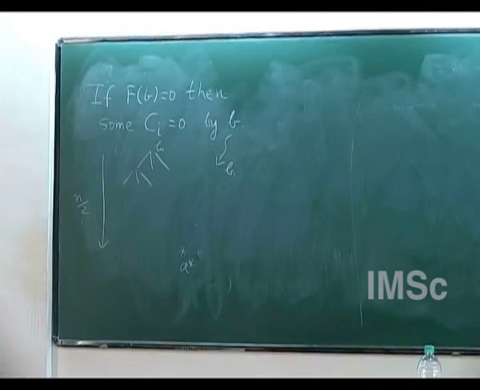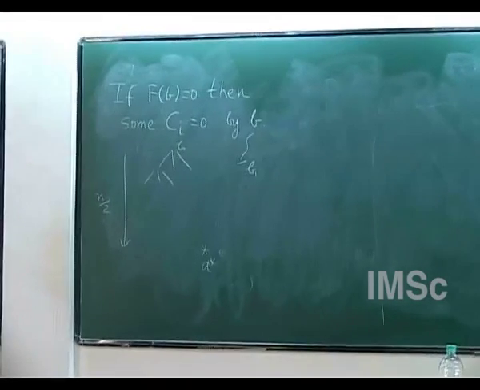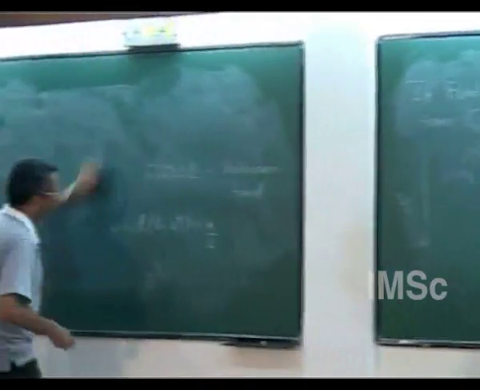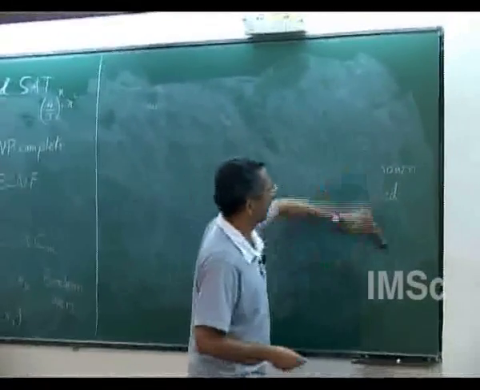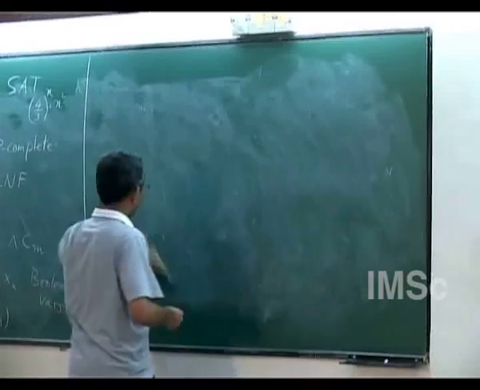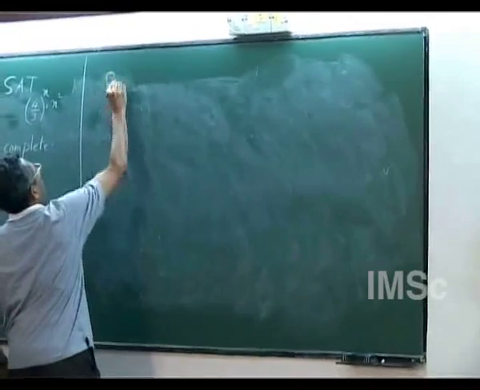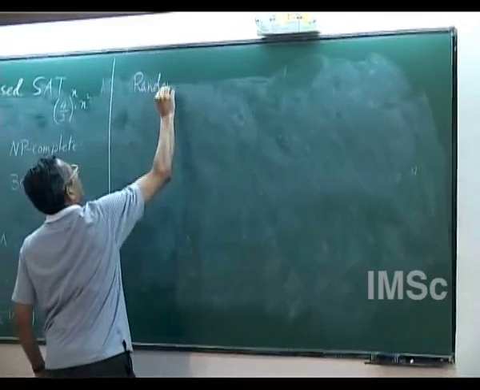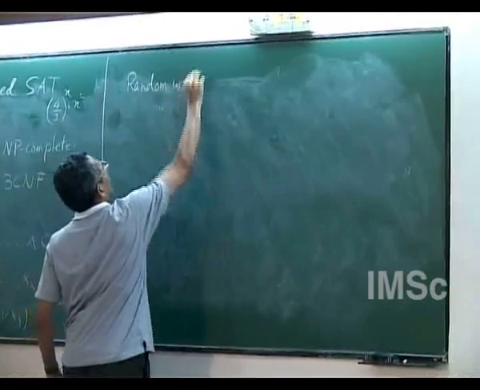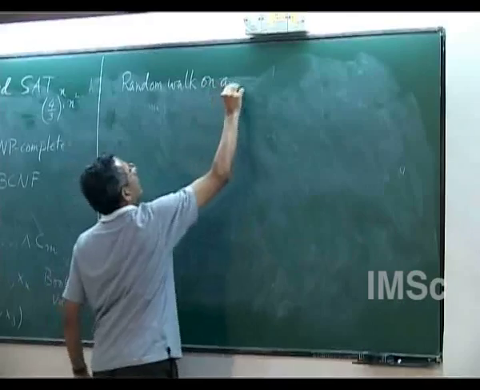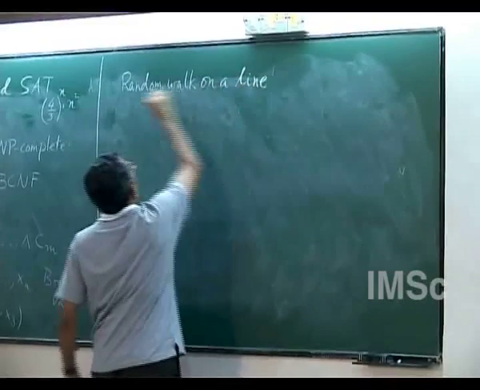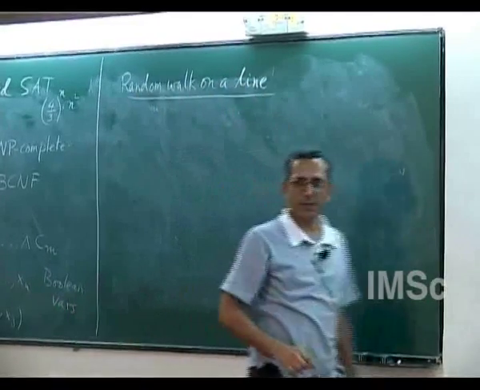Okay, so what we want is basically a similar theme, but it's a random walk based algorithm. So we're going to quickly recall a very basic concept in random walks. It's the so-called random walk on a line, also called a one-dimensional random walk.